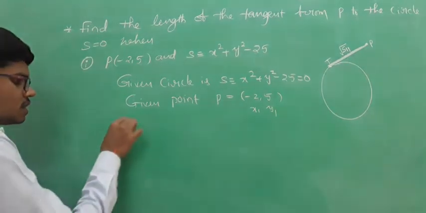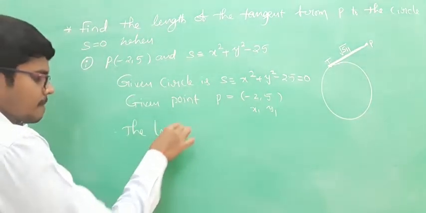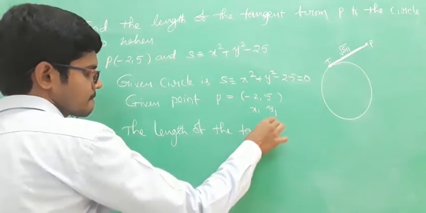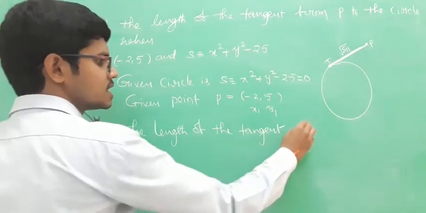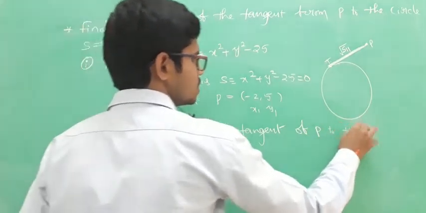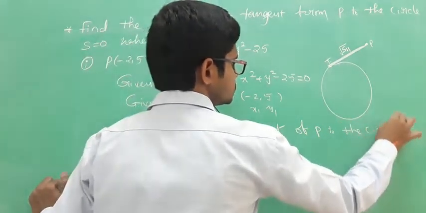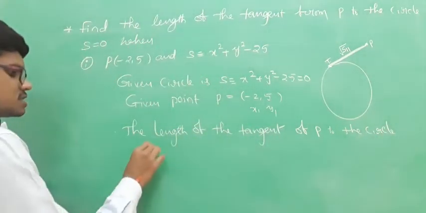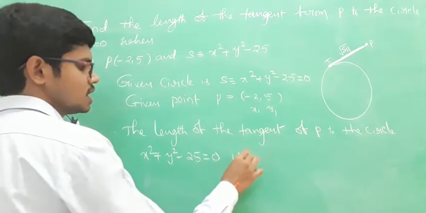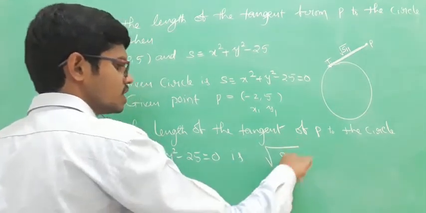Therefore the length of the tangent from P to the circle x square plus y square minus 25 equal to 0 is the square root of S11.